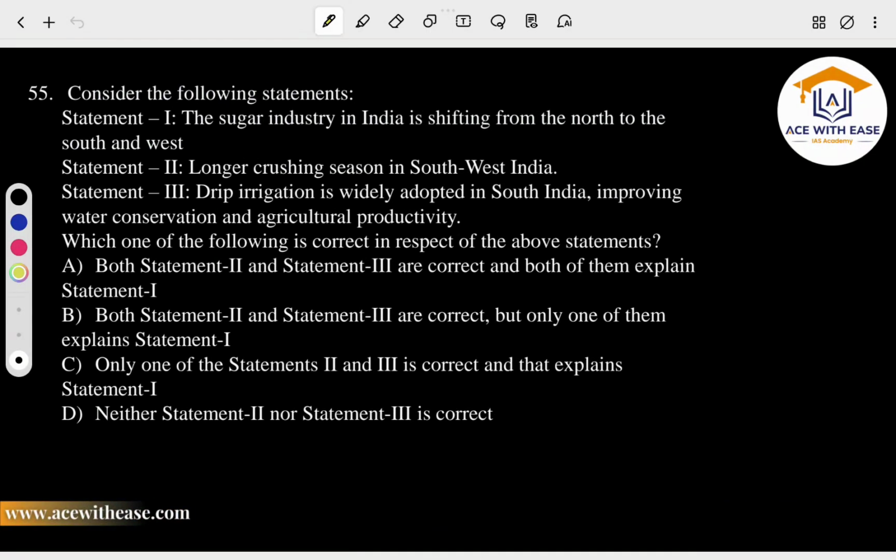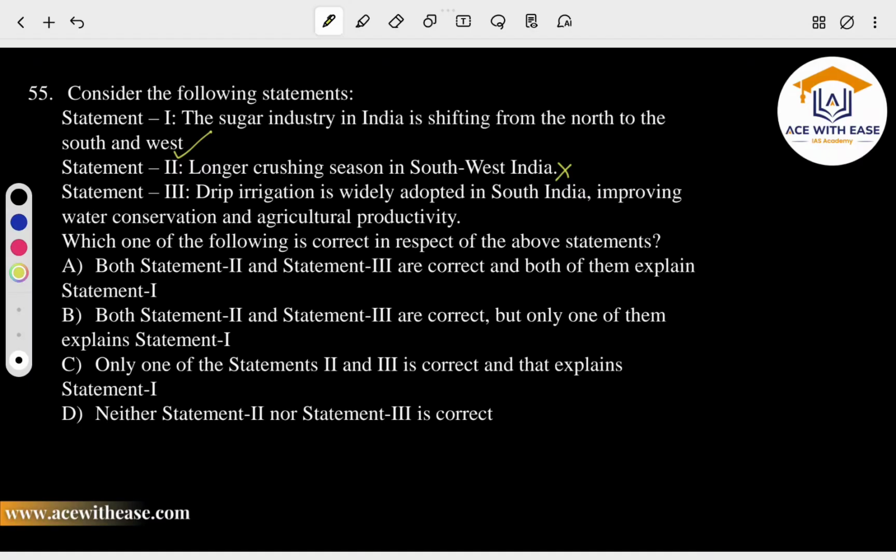55, statement based question. Sugar industries in India are shifting from north to south and west. Yes. Based on this, a mains question has also been asked. Second, longer crushing season in southwest India. No, we have a shorter crushing season.